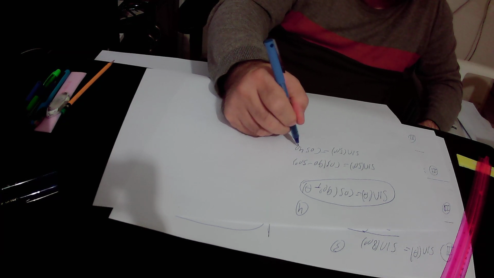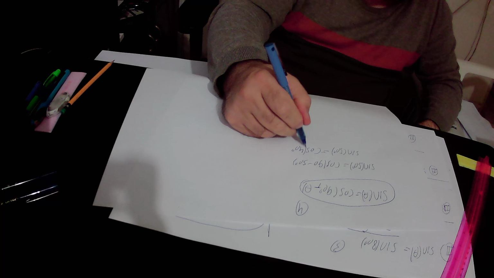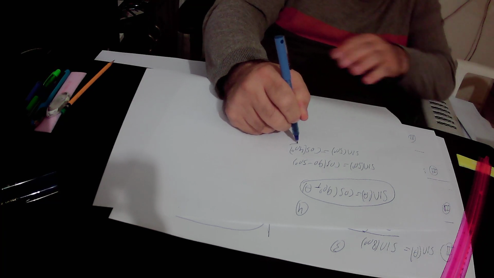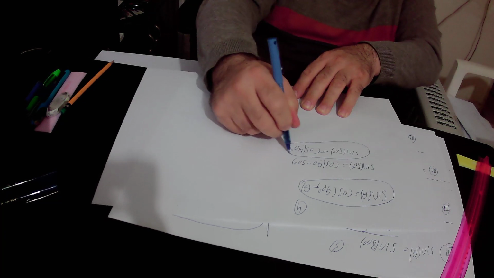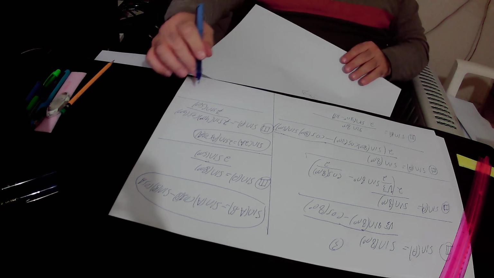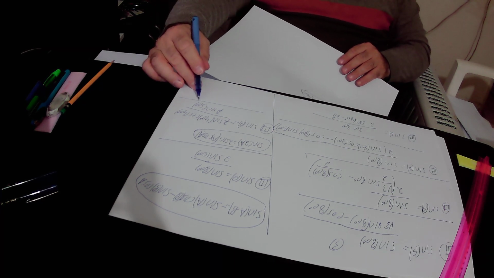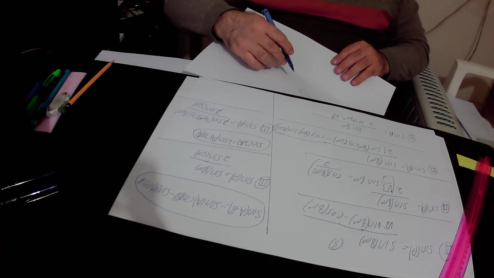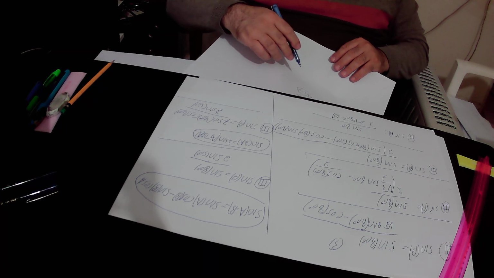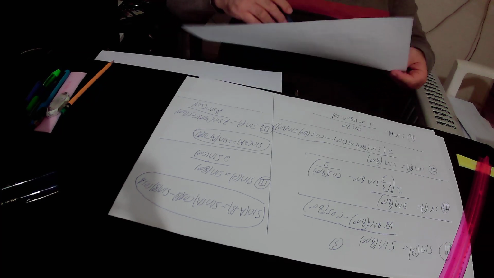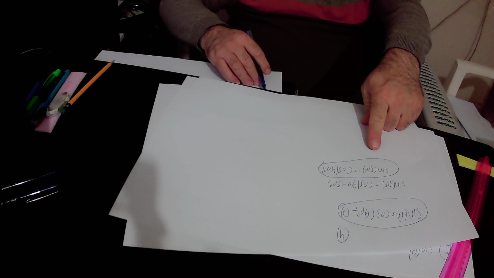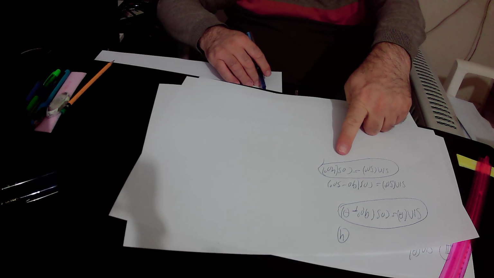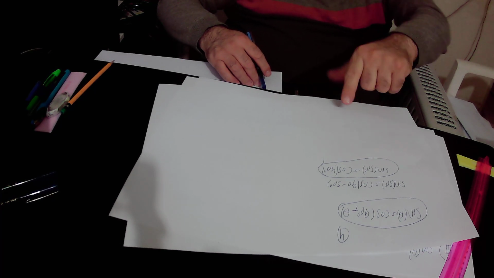So we found out that sine 50 degrees equals cosine 40 degrees. So we'll substitute sine 50 degrees in equation number 3 by cosine 40 degrees.